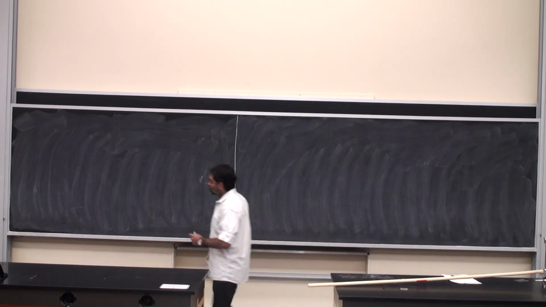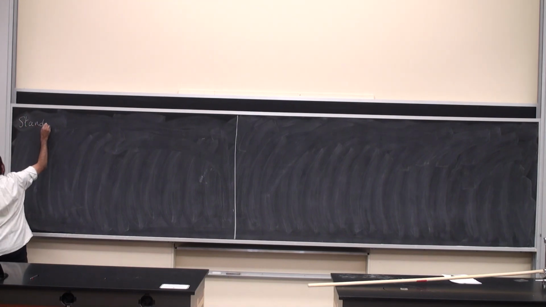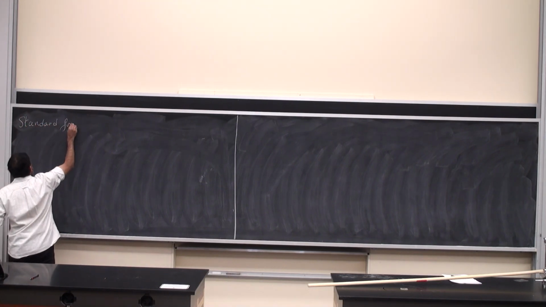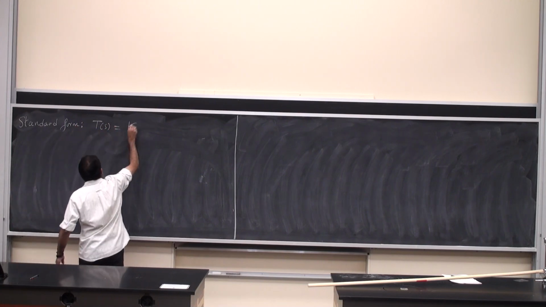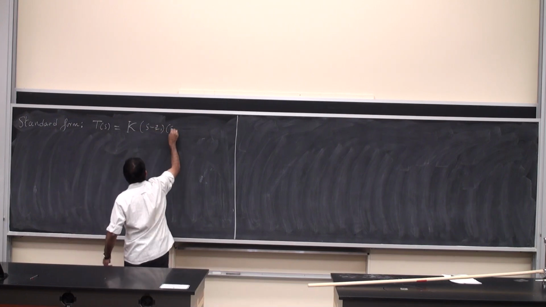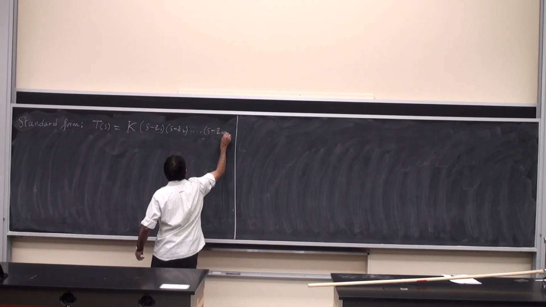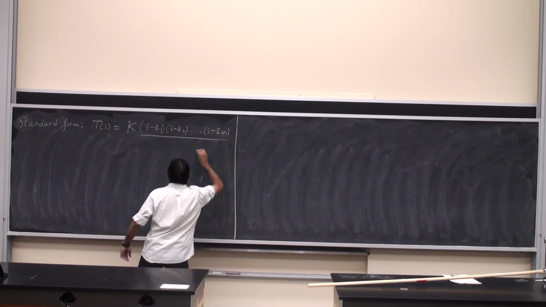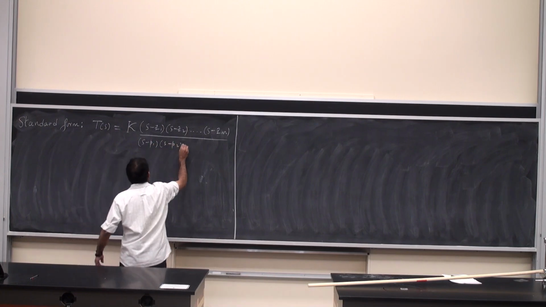So the standard form of the transfer function is T of S is capital K, just a repetition, S minus P1, P2.